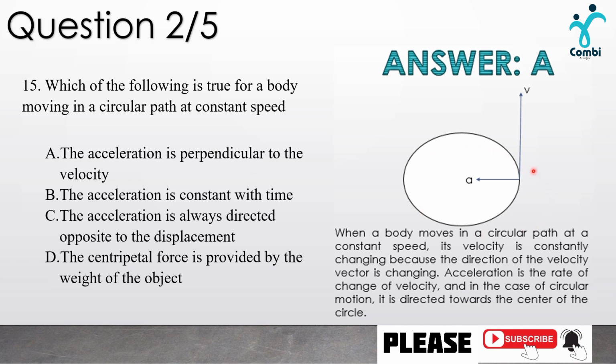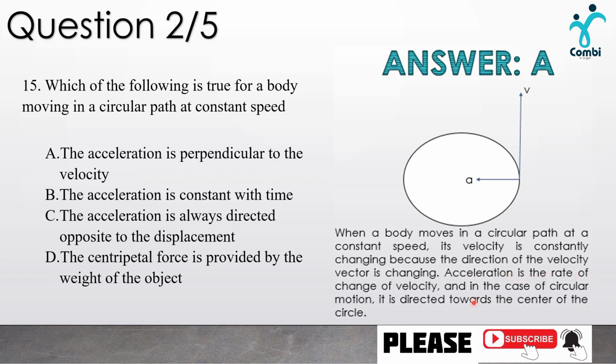And velocity is speed with respect to direction, making it a vector quantity, no longer a scalar, because speed just deals with the magnitude, but the vector includes the direction. So as it's moving around this circle, even though the speed is constant, the velocity changes.